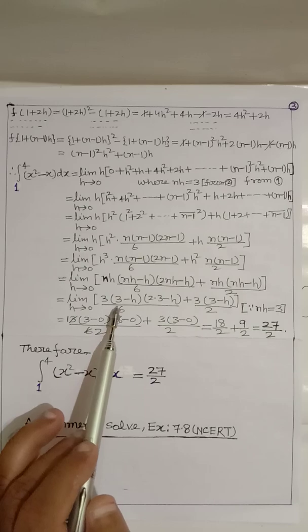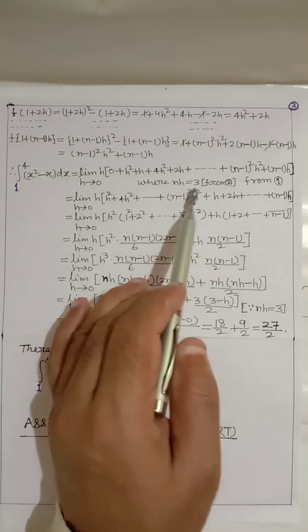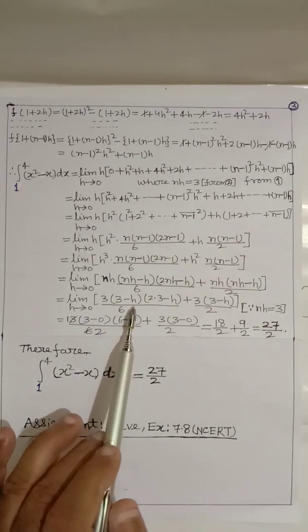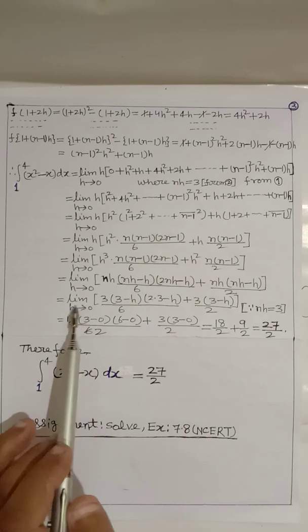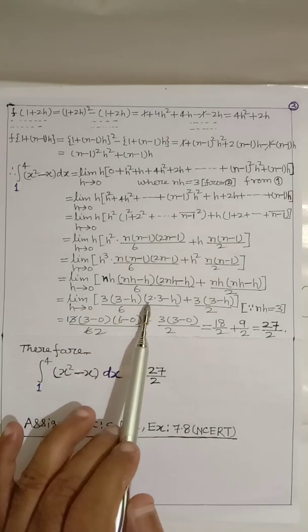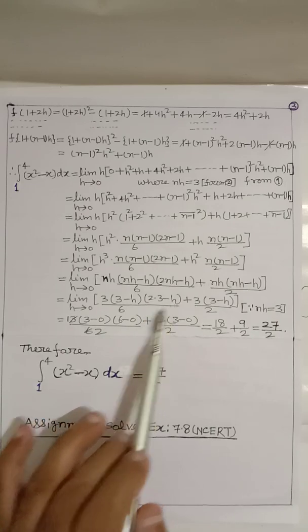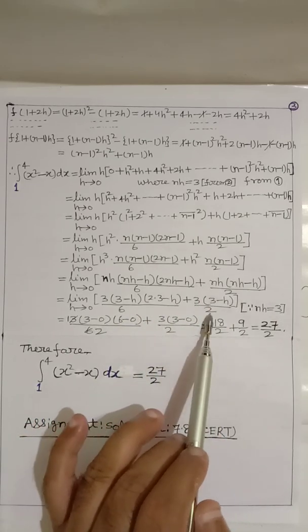Here putting the value of nh, which is equal to 3, we get limit h tends to 0 of 3 into 3 minus h into 2 into 3 minus h by 6 plus 3 into 3 minus h by 2.